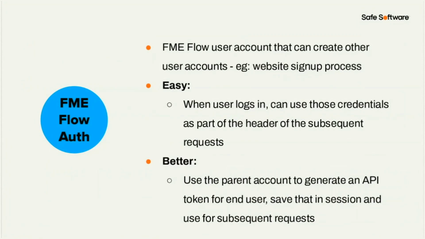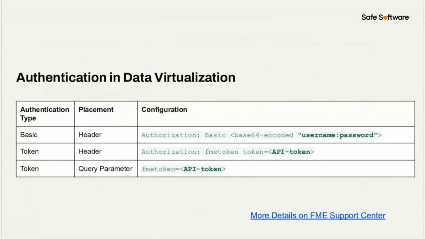Authentication using the FME Flow model is pretty straightforward as well. When you're making requests to a data virtualization endpoint, you've got three different ways you can pass through the authentication components here. So you could use a header with the username and password encoded. My preferred method is the second option here of generating an API token for each user and then passing that through as part of the header.